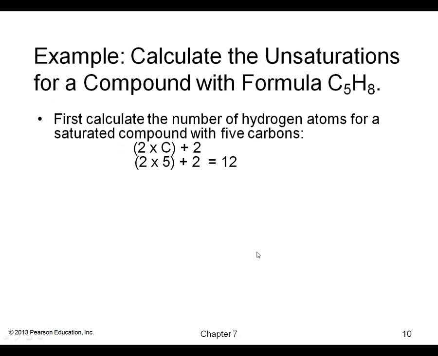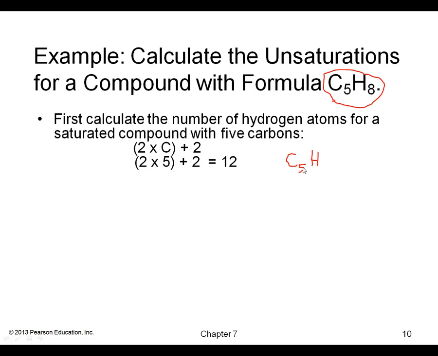So here is an example. Suppose we had a molecular formula of C5H8. The first thing I need to do is to calculate the saturated case. So the saturated case would be what? C5H what? 2n plus 2. Remember that?